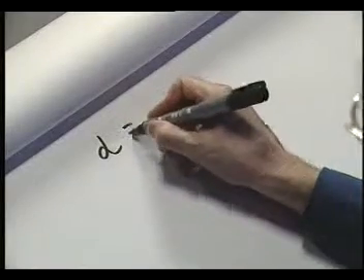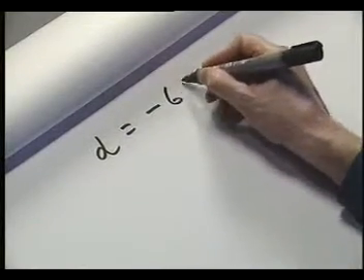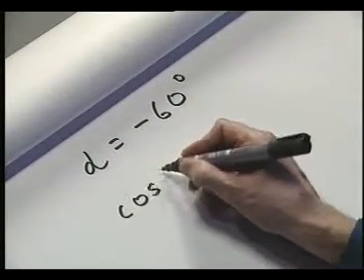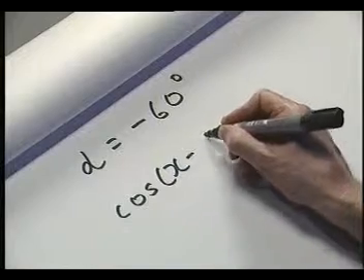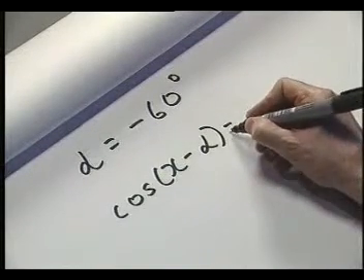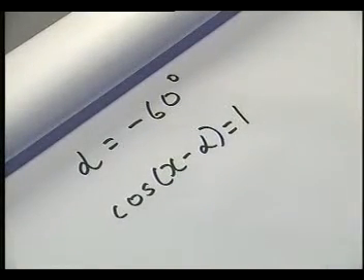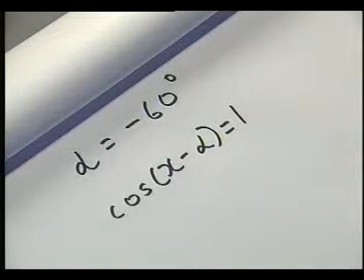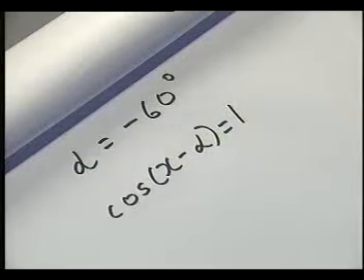Alpha, we know, is minus 60 degrees. And we're looking to solve the equation cos of x minus alpha is equal to 1. And we know that x is to be between 0 and 360 degrees.